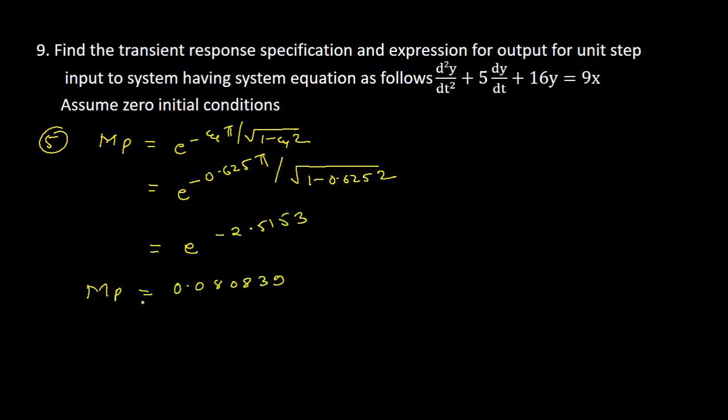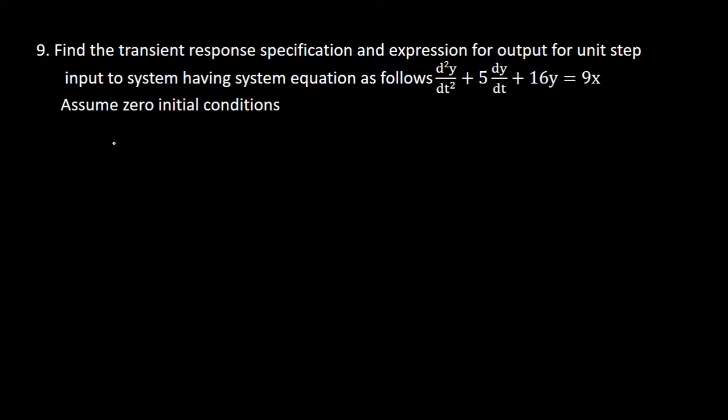When we solve this, the maximum overshoot Mp will be equal to 0.080839. If we want to find this maximum overshoot in percentage, we have to multiply this value by 100. Therefore percentage maximum overshoot will be equal to 8.0839 percent. We are finding all the values considering 4 decimal places.